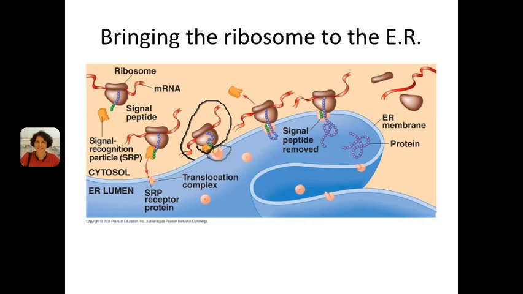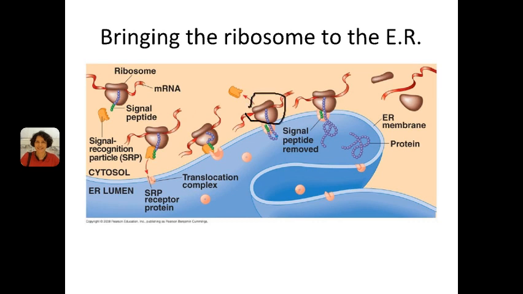Remember, the rough endoplasmic reticulum is the ER that is associated with ribosomes, and that is why it was called the rough endoplasmic reticulum. So now the ribosome has arrived at the rough endoplasmic reticulum, and here it is very firmly attached.